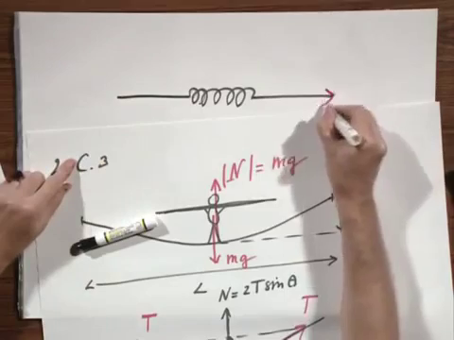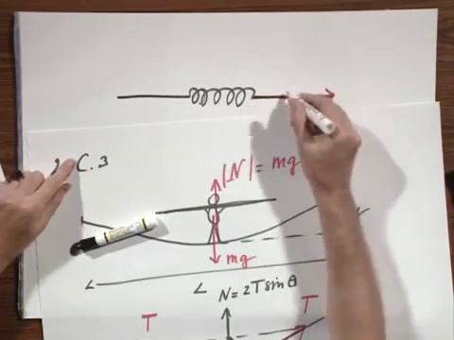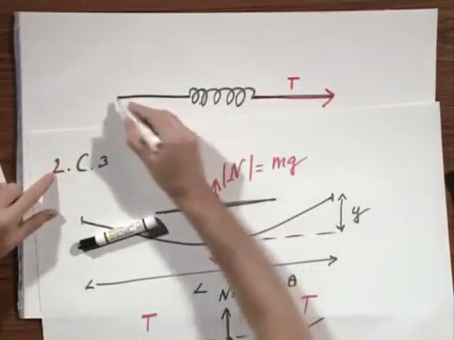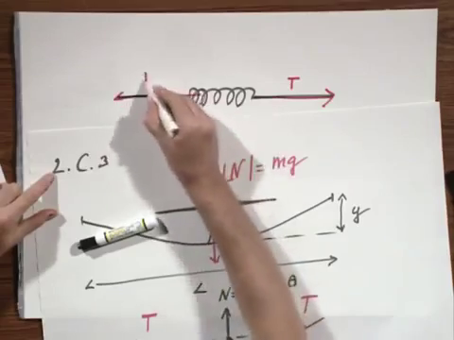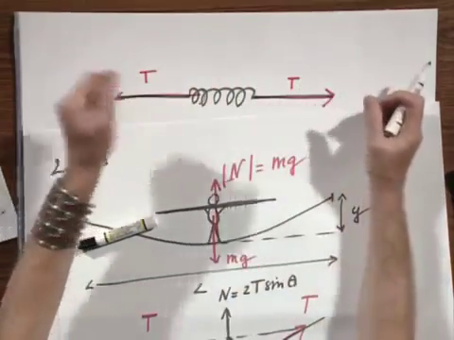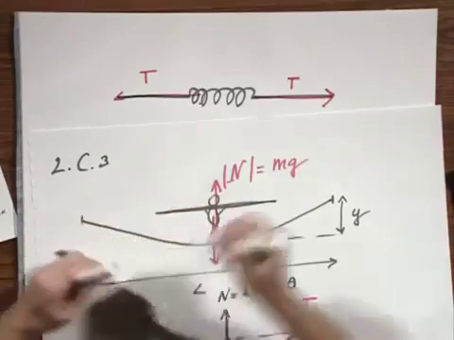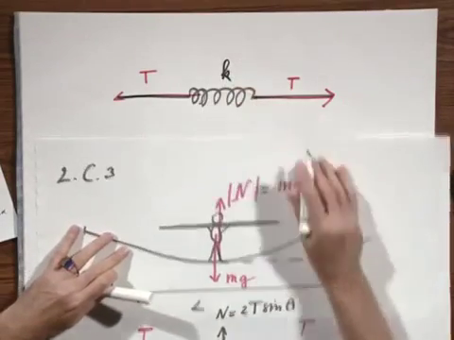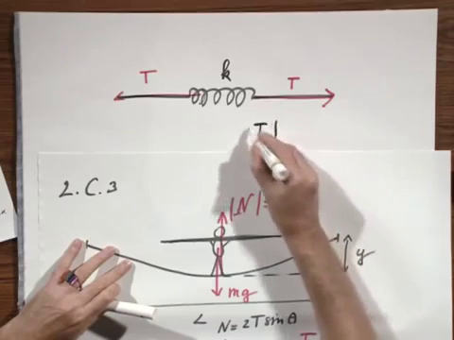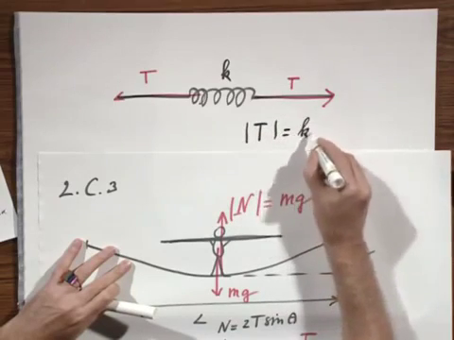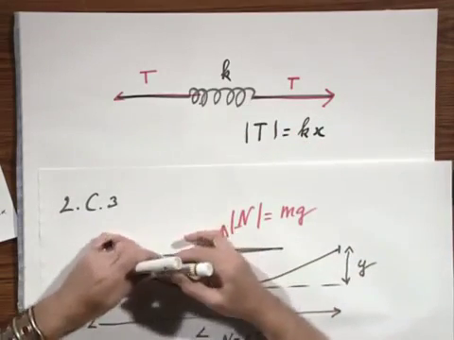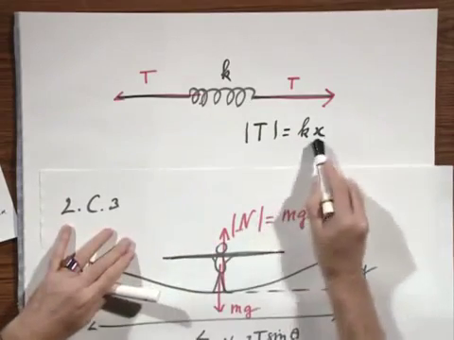It is longer than it wants to be. So the tension makes it longer, and the tension is pulling by the same force to the right as it pulls to the left. And if this spring has a spring constant k, then the magnitude of T would be kx if this spring were extended over a distance x.